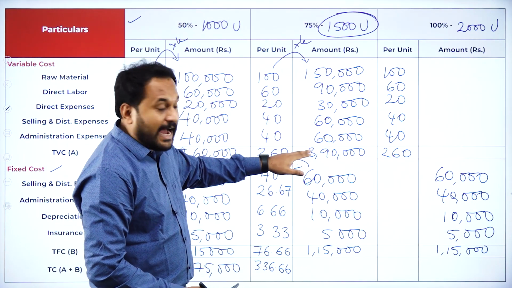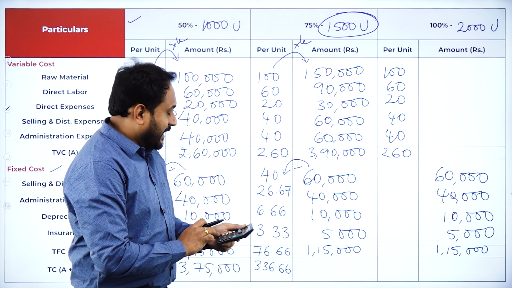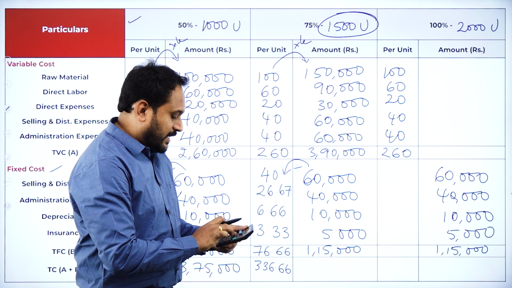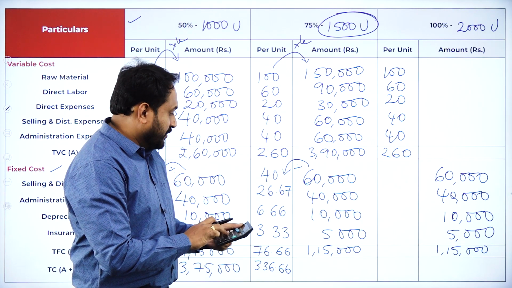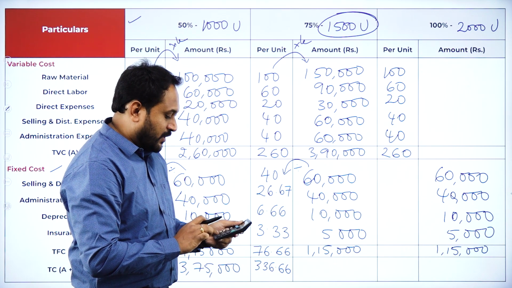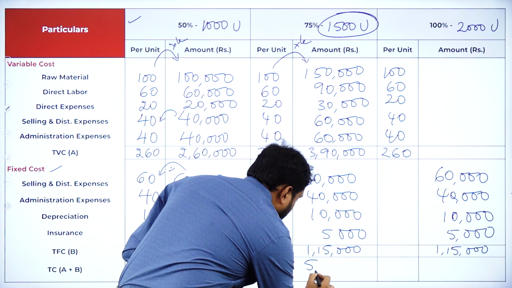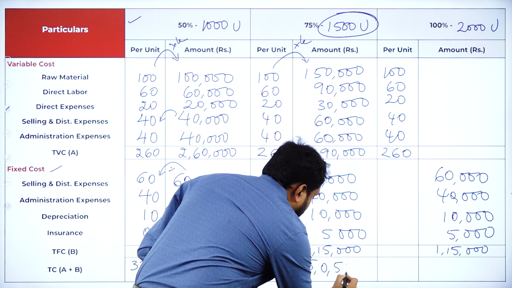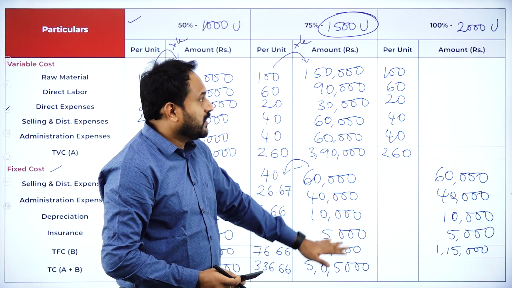I want you people to add 3,90,000 plus 1,15,000 is equal to 5,05,000. 5,05,000 is what you have got. So this is what the thing is.